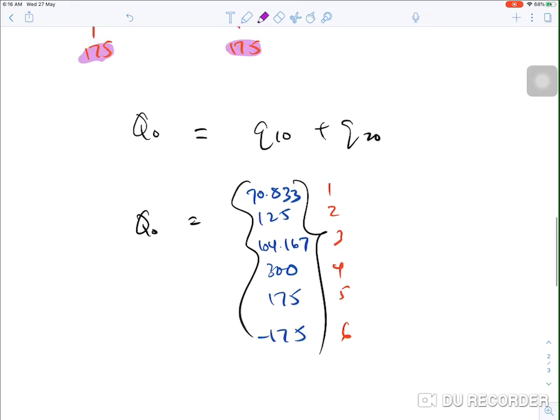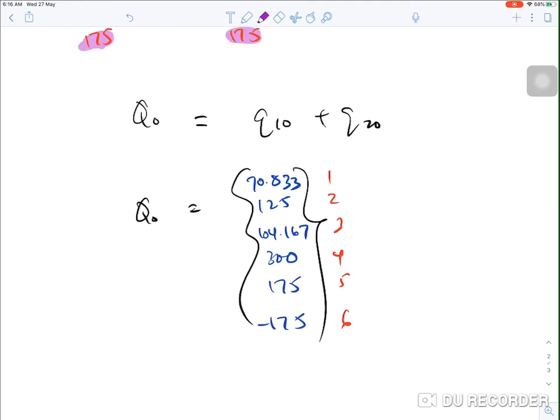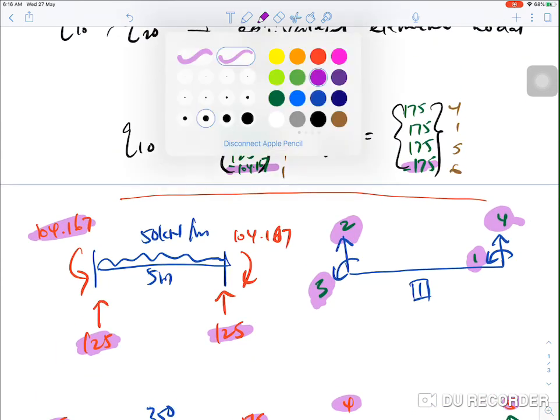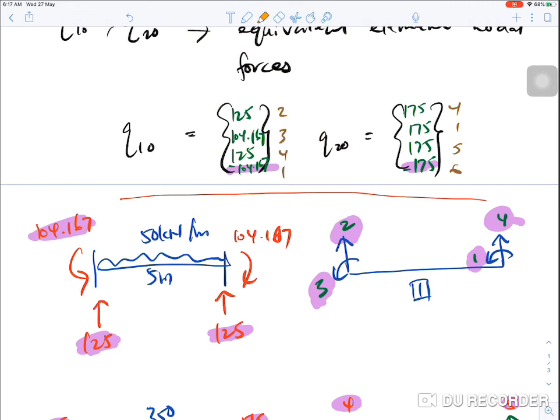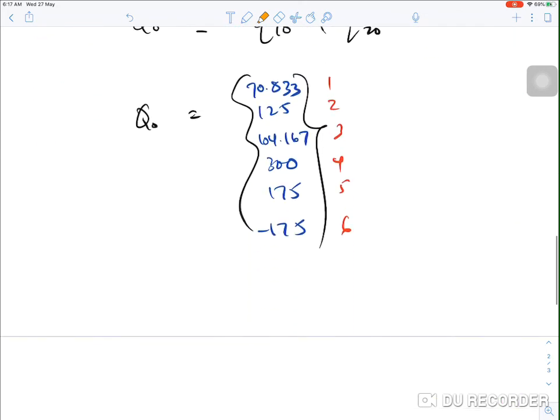So we have to find all these values based on the values we get from Q1 naught and Q2 naught, from 1 to 6. Find all the values based on the position for 1, 2, 3 until 6. So we get like this.